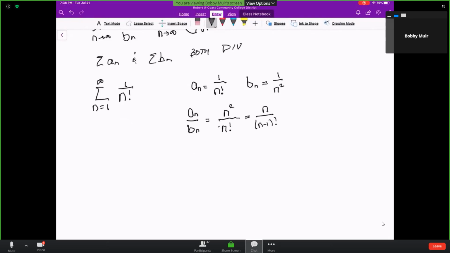And I don't know if that's getting us anywhere. Doesn't it just get closer to 0, but it doesn't go to 1? Yeah, there's going to be a real quick way of figuring this out.